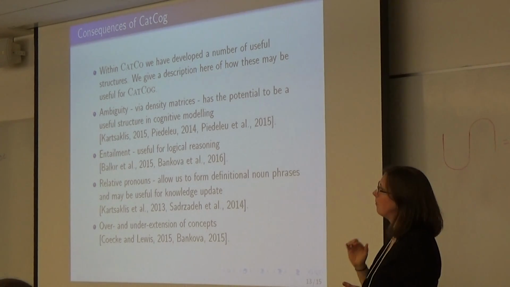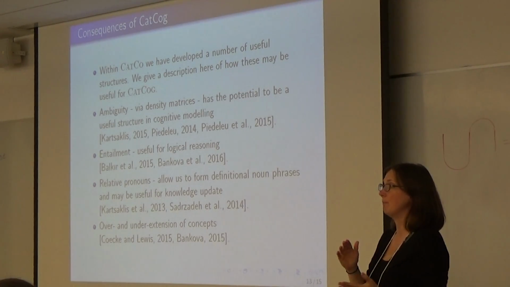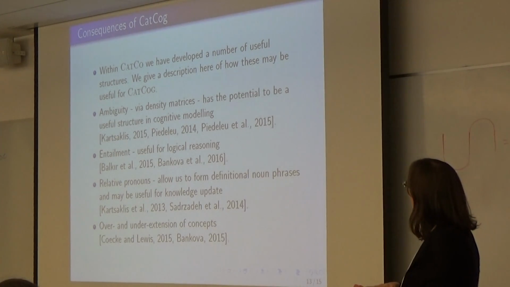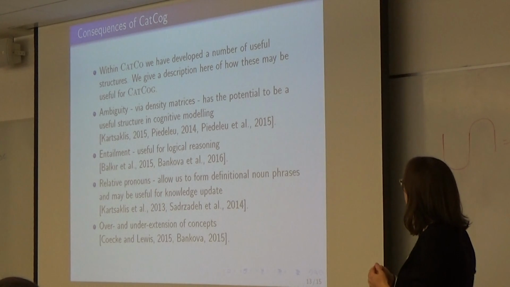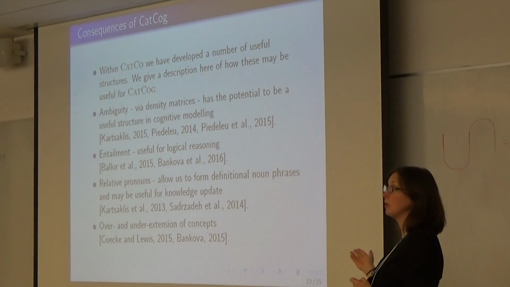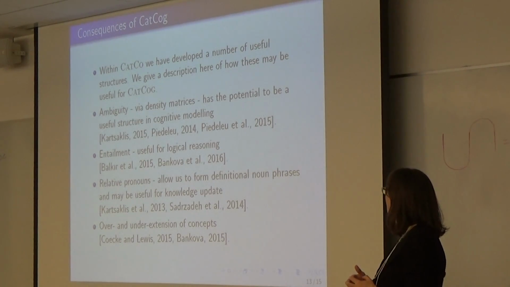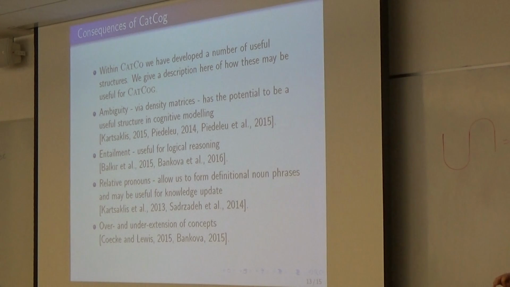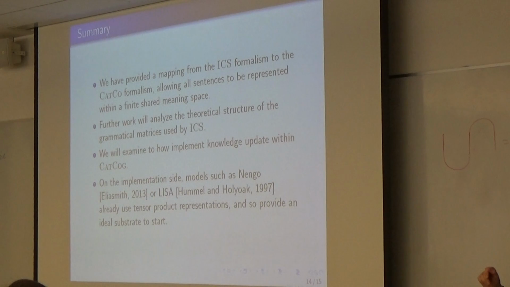We can handle ambiguity between meanings. We've started looking at entailment, and also relative pronouns, which allow us to form definitional noun phrases. And we've also got notions of over and under extensions of concepts. So bringing all this into being, Smolensky's model could provide some useful input, I think.